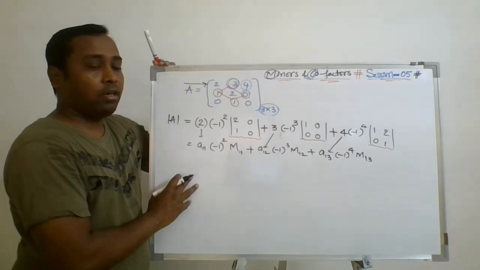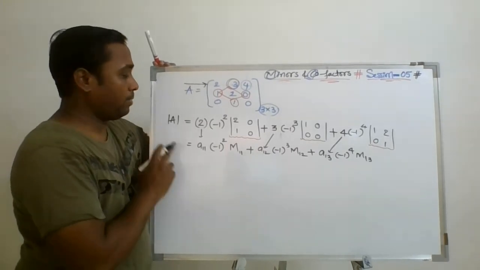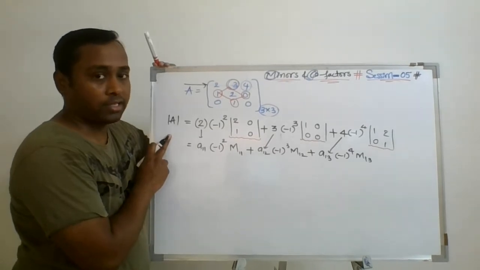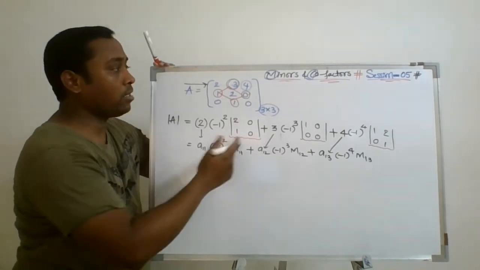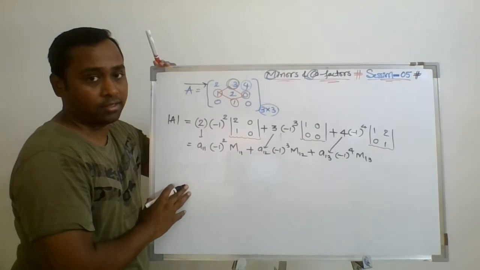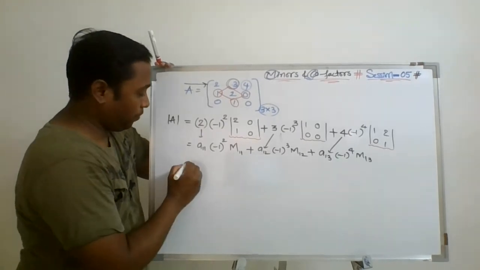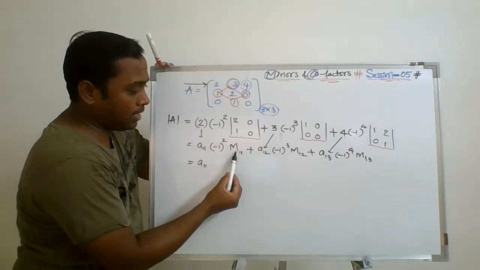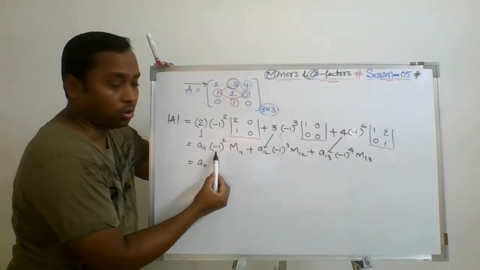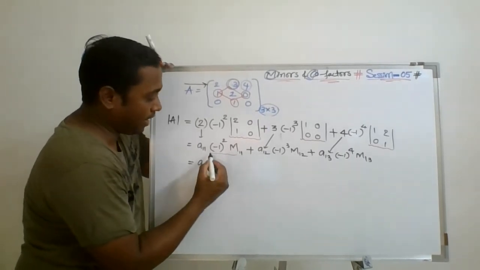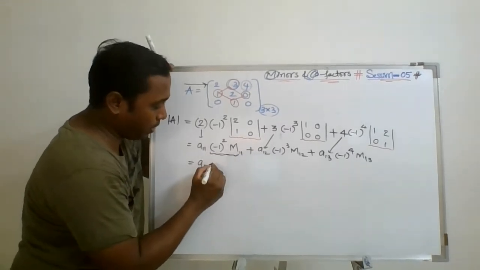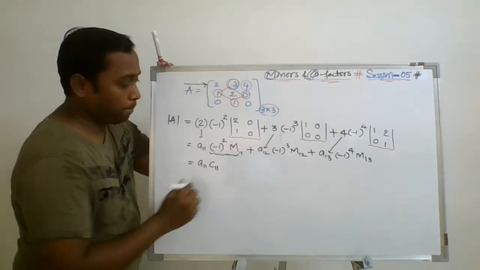So what I'm doing is simply elaborating the determinant of the square matrix in terms of minors and cofactors. That was my try. Now I'm keeping the A11 element. You know that when the minor is multiplied by its sign, it is called the cofactor. So this product can be replaced with the cofactor.